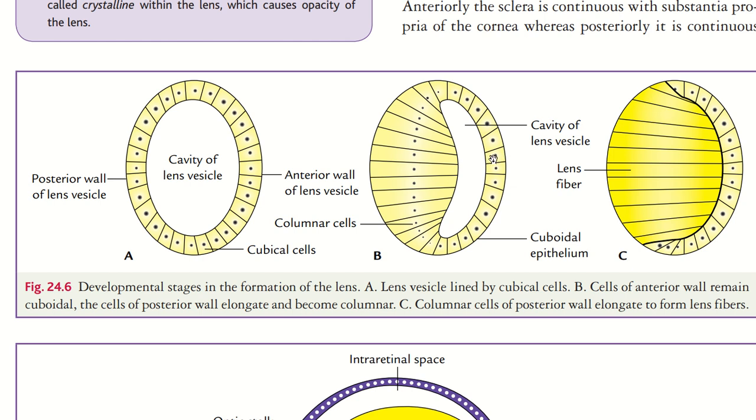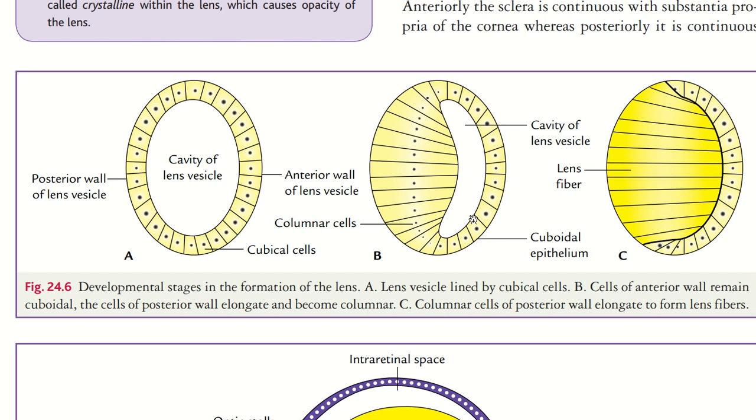So take note of this. The posterior cells will reach the anterior wall around the 7th week. Around the 7th week, these cells move from being cuboidal and become columnar as they reach the surface ectoderm.